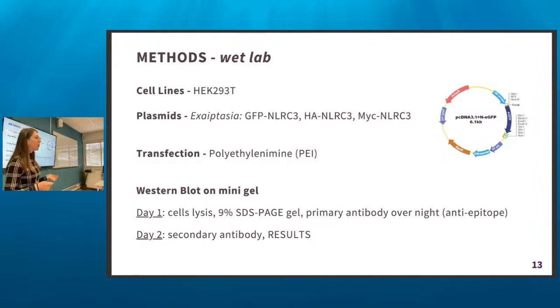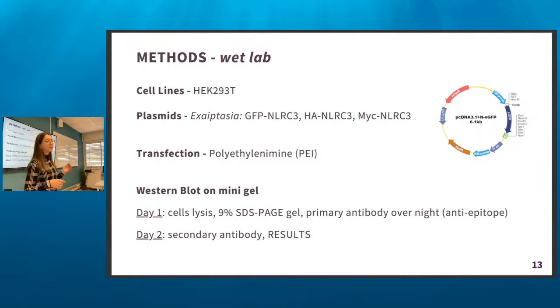These are human embryonic kidney cells, and we transfected them with 3 different plasmids encoding our protein of interest, NLRC3-like, plus a tag, which is GFP, HA, and MYC. But in this presentation, we will be focusing on the first 2. The transfection was done with PEI, and then after 48 hours of transfection, we ran Western blots.